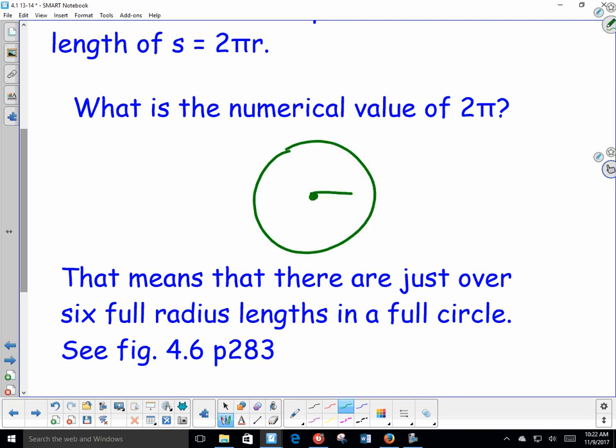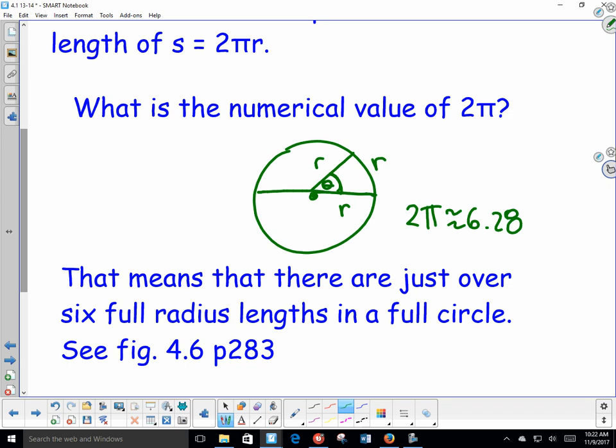In Khan Academy? So if I had that picture where this was R, this was R, this was R, this is 1 radian. So how many radians would it take to get all the way around the circle? It would be exactly 2 pi, which is about 6.28.